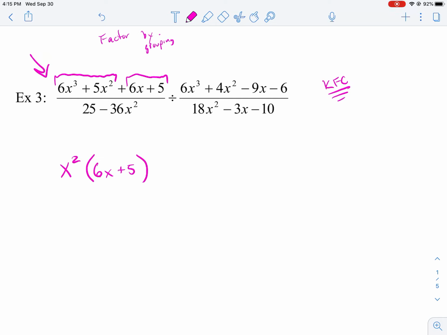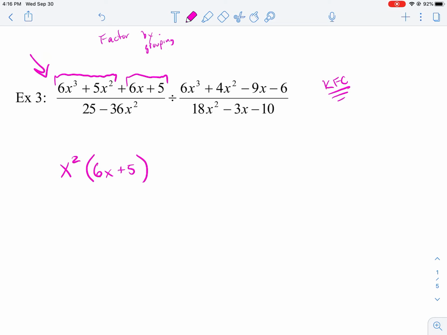And then now, I already have a 6x plus 5 on the other side there. How can I get this? How can I take out a GCF such that I'm left with 6x plus 5? What can I take out of both pieces? There's only one common factor between 6x and 5, and that's a 1.